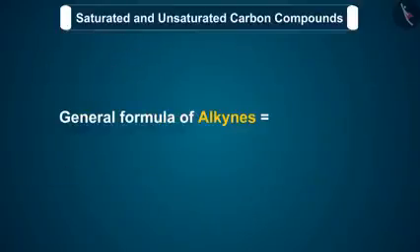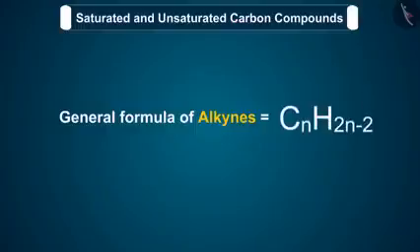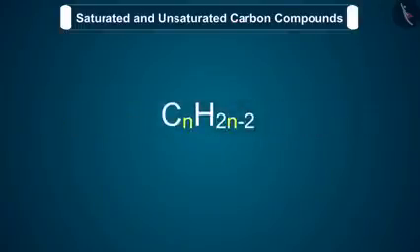The general formula of alkynes is CnH2n-2, where n is the number of carbon atoms in one molecule of alkyne. Let us discuss this with the help of examples. 1. If an alkyne has two carbon atoms in its molecule, then n is equal to 2.